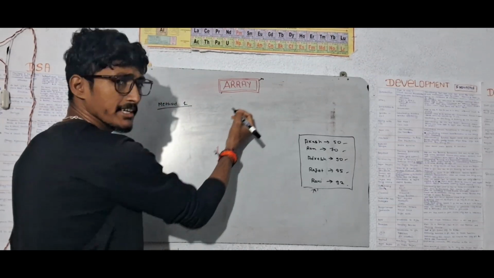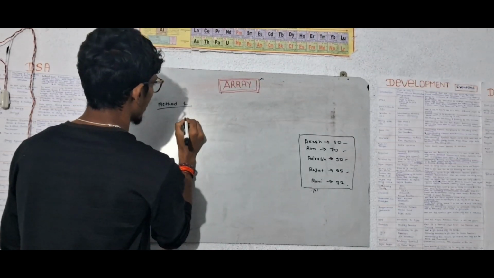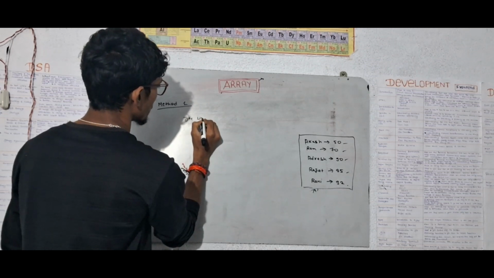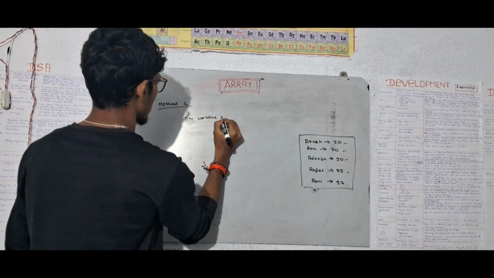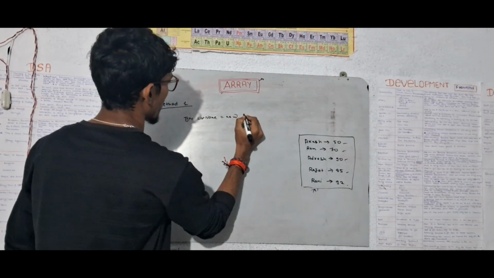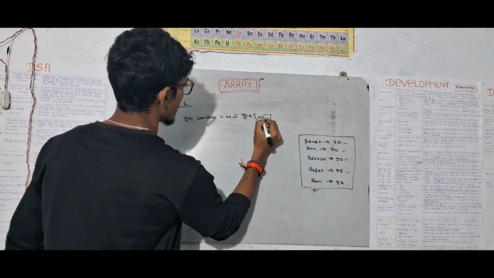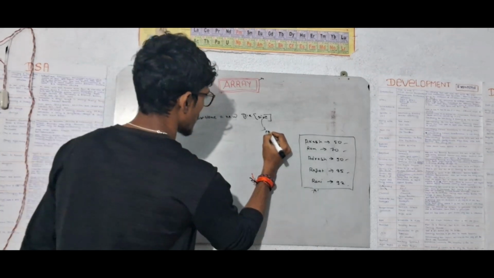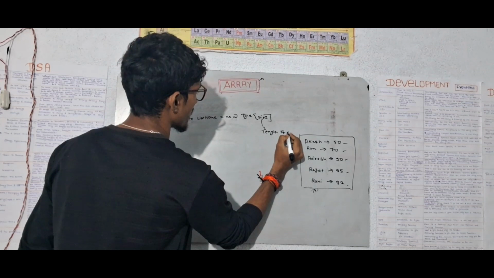For declaring an array we need to write the type first, then the list name, and new, and again the type, and here is your size. Basically size says the length of the array.